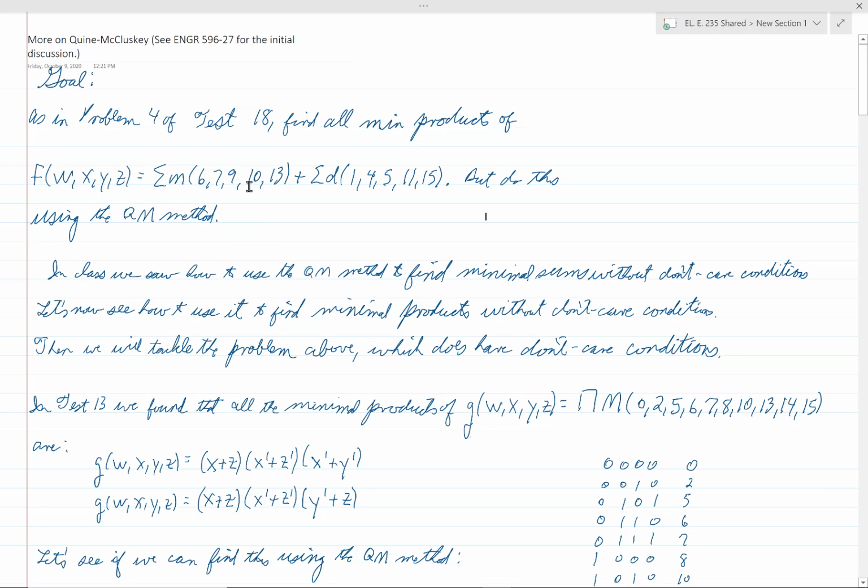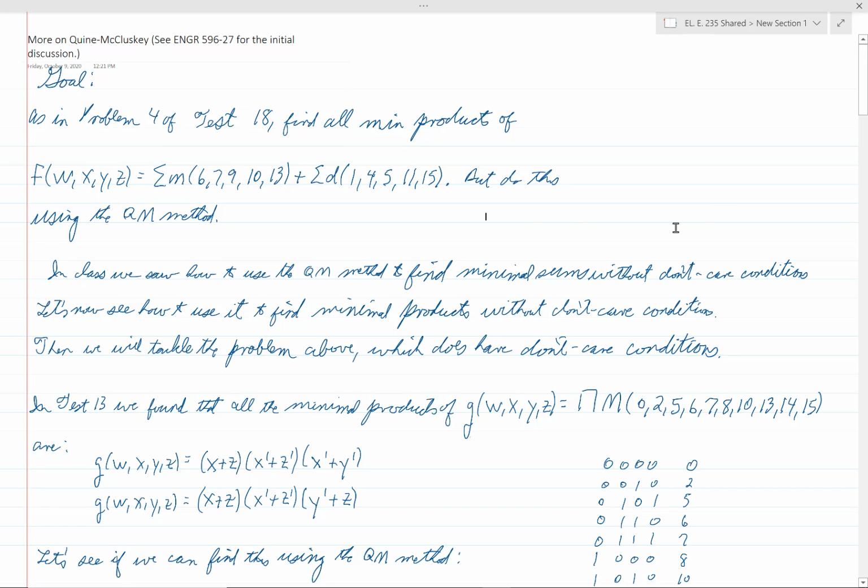First of all, here we want to find minimal products rather than minimal sums, and secondly, this problem has don't care conditions, and the one here does not. So what do we do? First I'm going to show you how to use the Quine-McCluskey method to find minimal products without don't care conditions, and then finally we will see how to use it with don't care conditions to solve the problem that we want to solve.